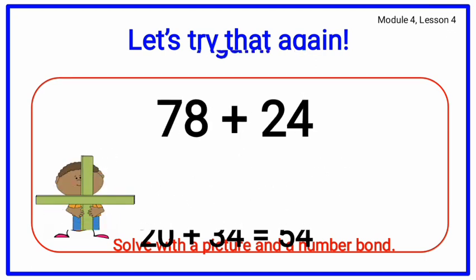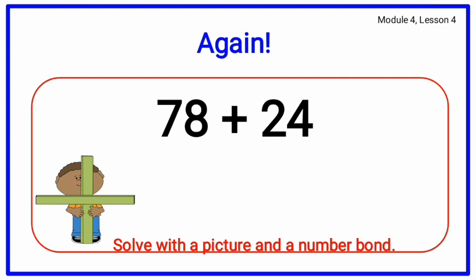Okay, another one, 78 plus 24. A quick look at this. 8 is closer to 10 than 4 ones. So I'm going to pull 2 away from 24 because 8 needs 2 to make a 10. So instead of thinking of 78 plus 24, I'm actually thinking about 80 plus 22.